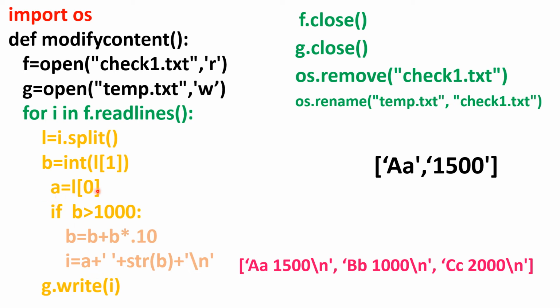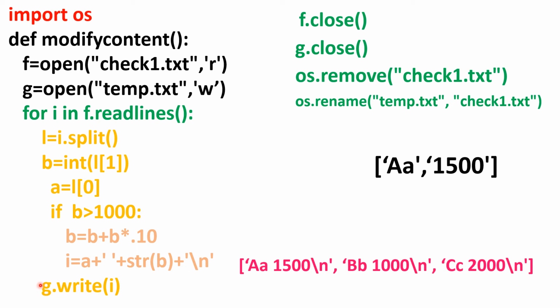It is coming from here: the name, a space, then b converted into a string with the help of the str function, and then \n, because this whole should be a complete record, and store it into i, and then write it into the temporary file opened with object g.